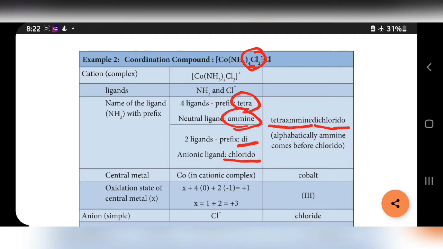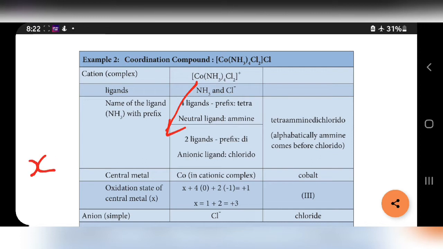Next one, oxidation state of the metal ion. Oxidation state means what? The charge of the central metal ion. So we can take the charge of the central metal ion as x, plus 4 NH3. NH3 is a neutral ligand, so 0, plus 2 chlorines.